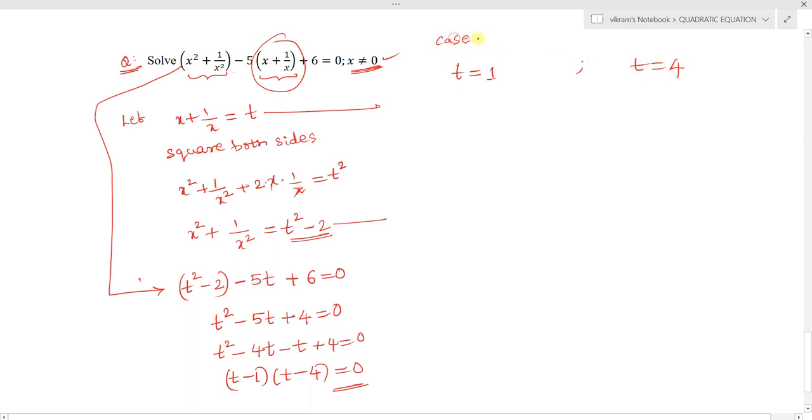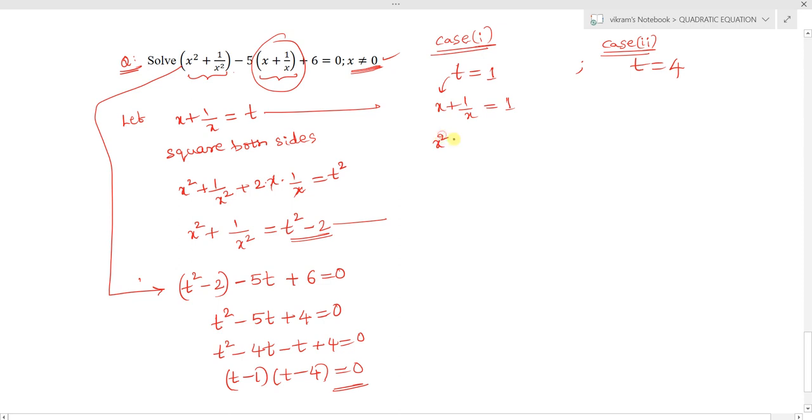Now consider t equals 1 as the first condition and t equals 4 as the second condition. Replace t equals 1: t is x plus 1 by x, so x plus 1 by x equals 1. Take the LCM.